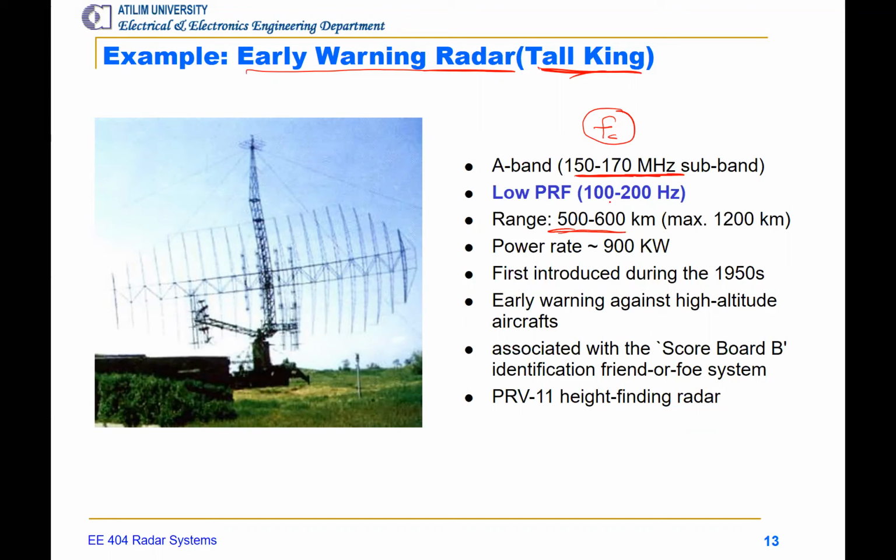It uses 100 to 200 hertz, quite low, and we talk about a power rate of less than 1 megawatt. It's a very old system, introduced in the 1950s, and usually it's used for high altitude aircraft, overseas, for example.